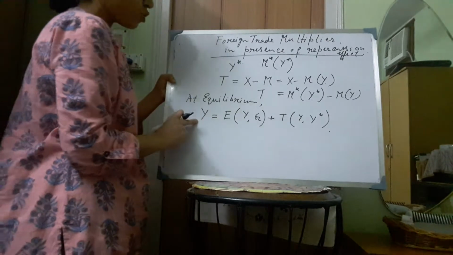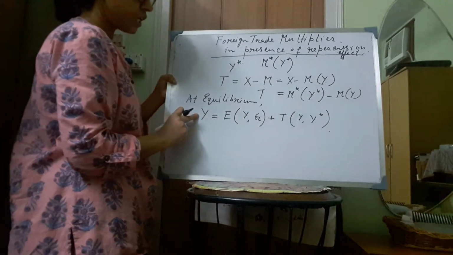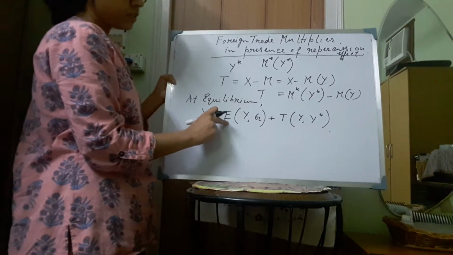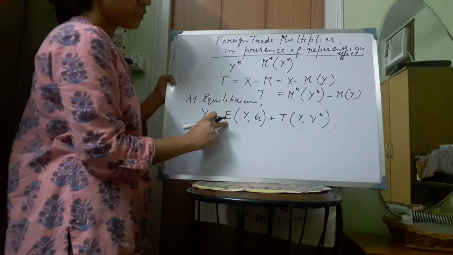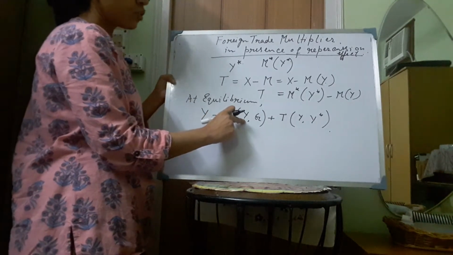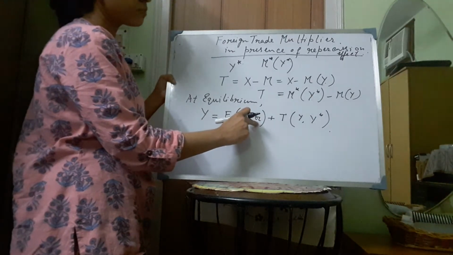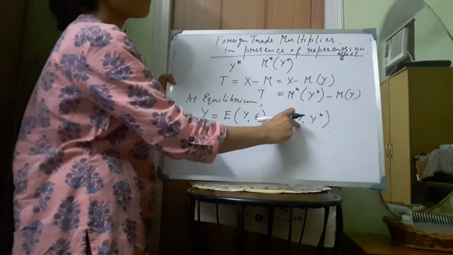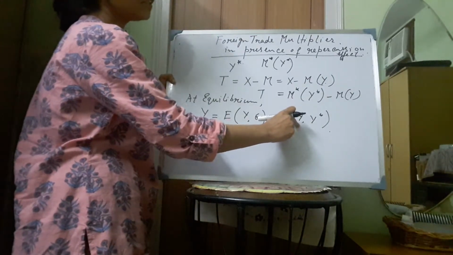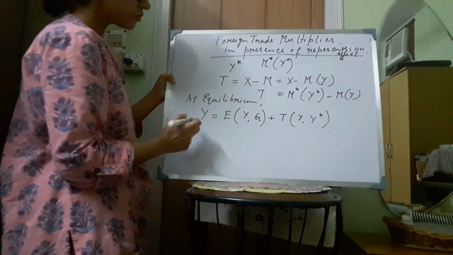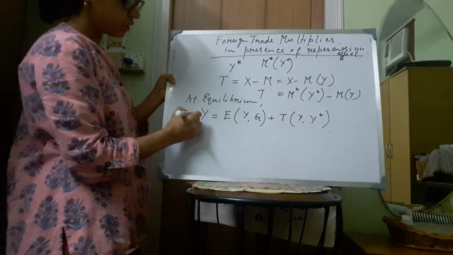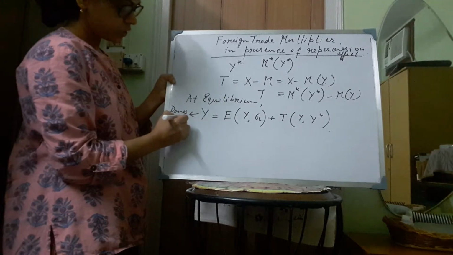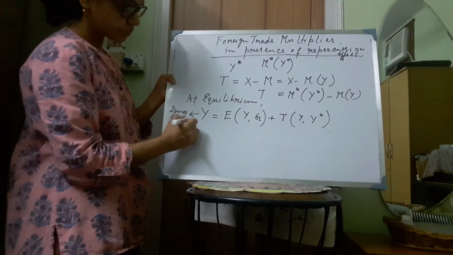So Y is the domestic economy's total income, and E is the total domestic absorption, which is a function of domestic income and government expenditure of the domestic economy, and trade balance, which is a function of both the domestic income and the foreign income. So this is the equilibrium condition for the domestic country.